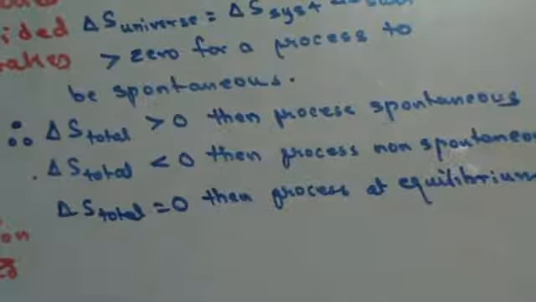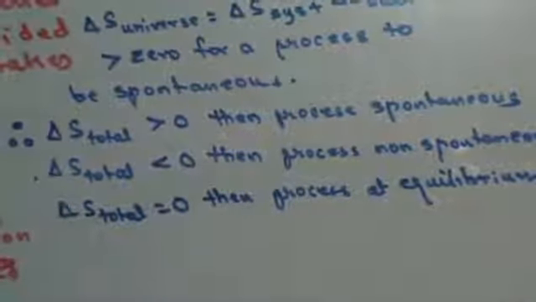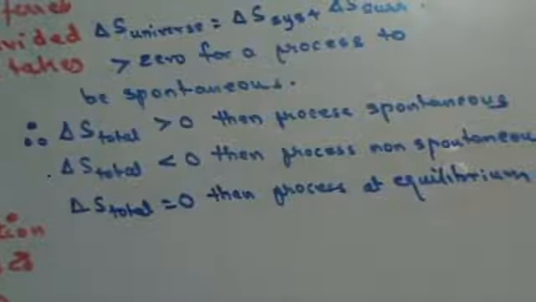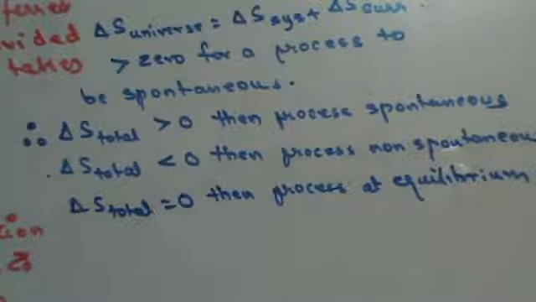Right? So thus you could have an increase or decrease in the randomness, an increase or decrease in your entropy. That is what second law of thermodynamics states, depending upon your change in entropy.